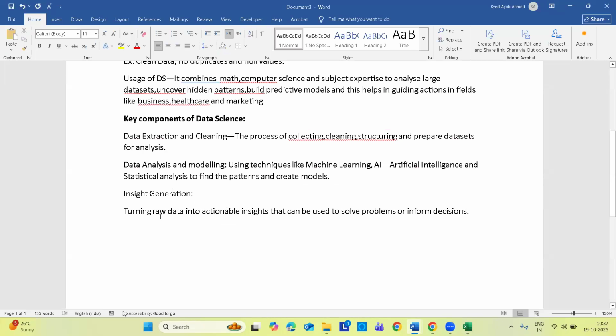How you will turn raw data into actionable insights is through statistical process or analysis that involves ML and AI.